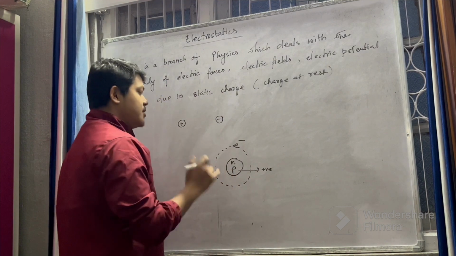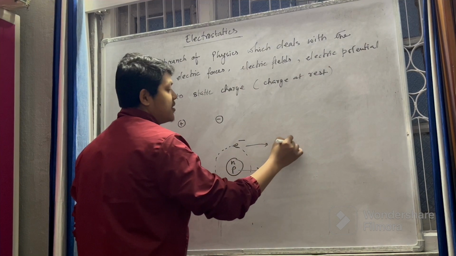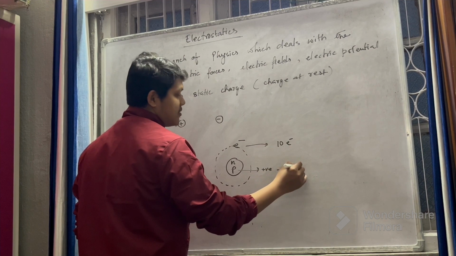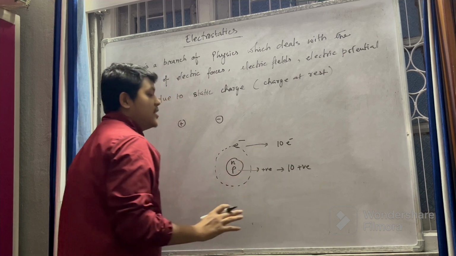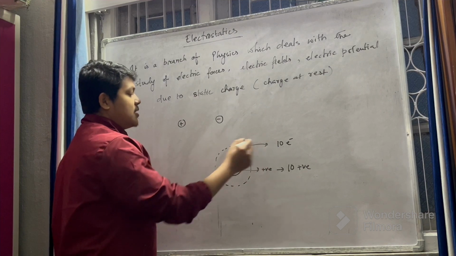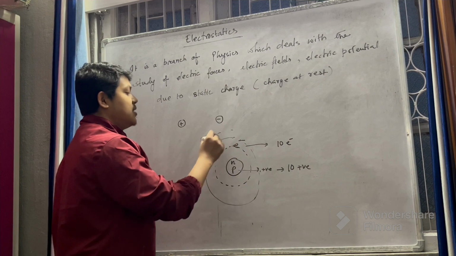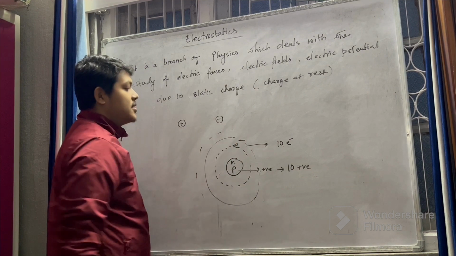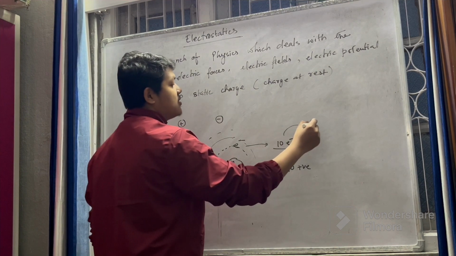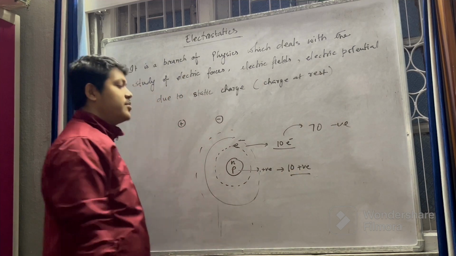If there are 10 electrons, then the number of protons should also be 10. That means the same number of positive and negative charges must be in the atom. So there are 10 negative charges and 10 positive charges for 10 protons, right?